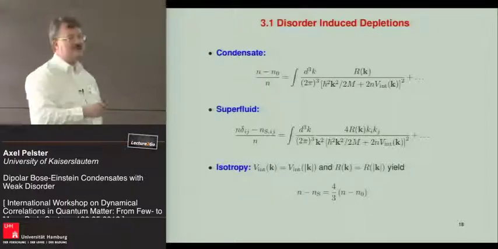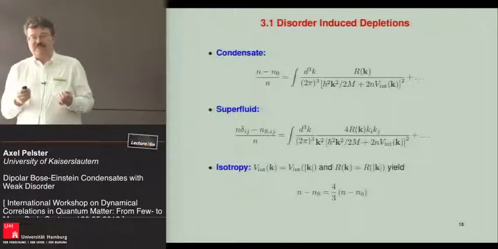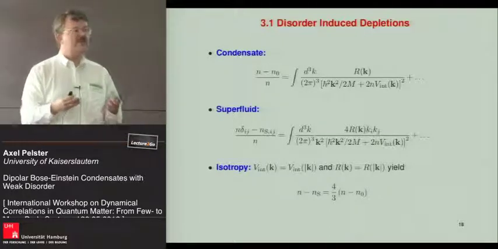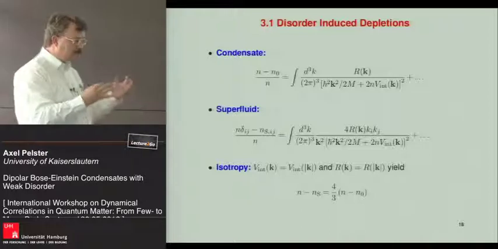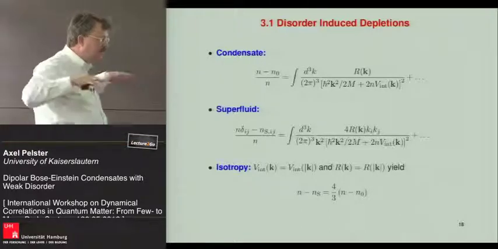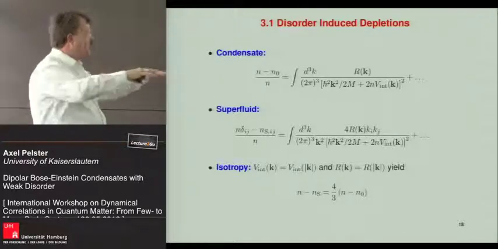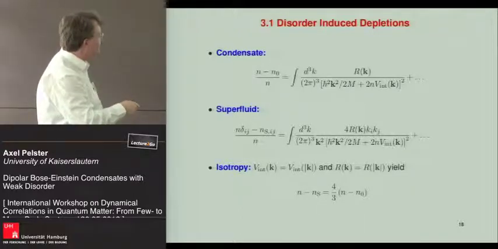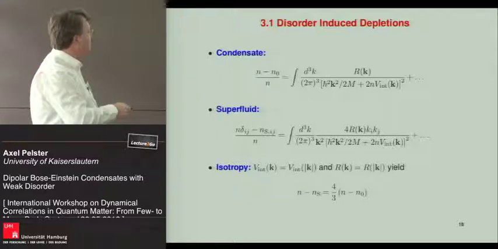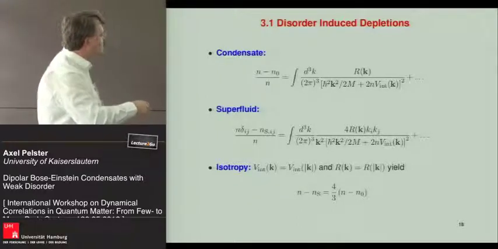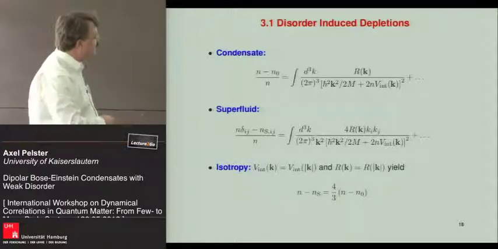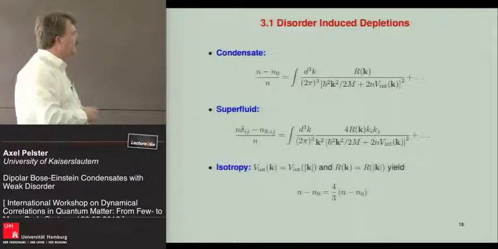And the superfluid density becomes, as the superfluidity is a response quantity, a tensor, which means it matters whether you try to move the condensate parallel or perpendicular to the dipoles. It becomes a tensor. And only if you have isotropic disorder and isotropic interaction, one gets back the good old result from Huang and Meng.